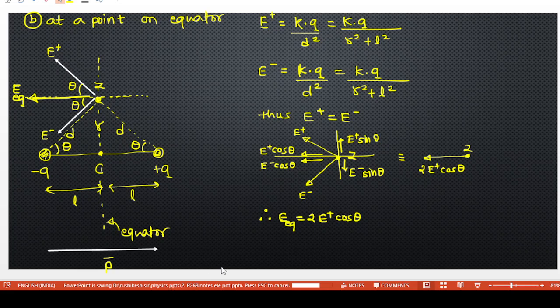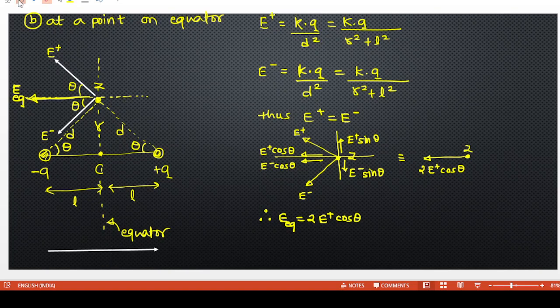What is the value of E plus? The value of E plus is kq upon r square plus l square. Put that value: 2 times kq upon r square plus l square.